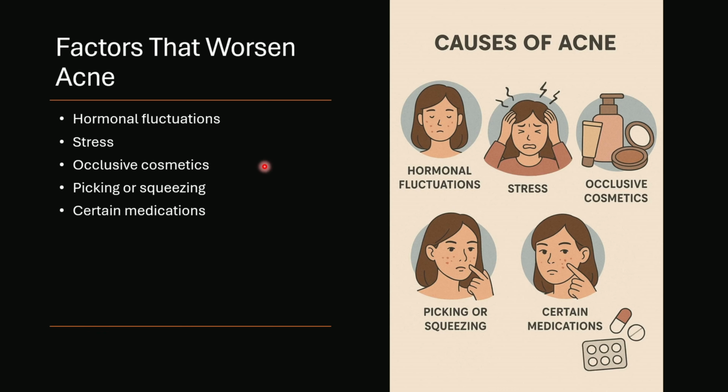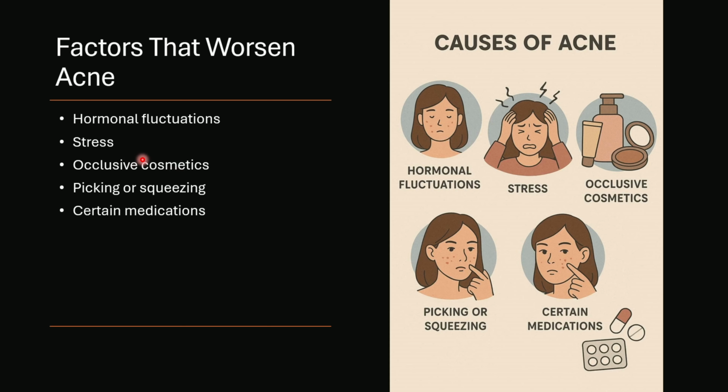So why do we have acne? We have an overgrown bacteria, and there are some factors that can make acne worse, such as hormonal fluctuation. It's very common to see worse acne in people who have hormonal fluctuation. Usually, when we use some medications, we can see this too. Some medications such as testosterone lead to a hormonal dysfunction and lead to the development of acne.